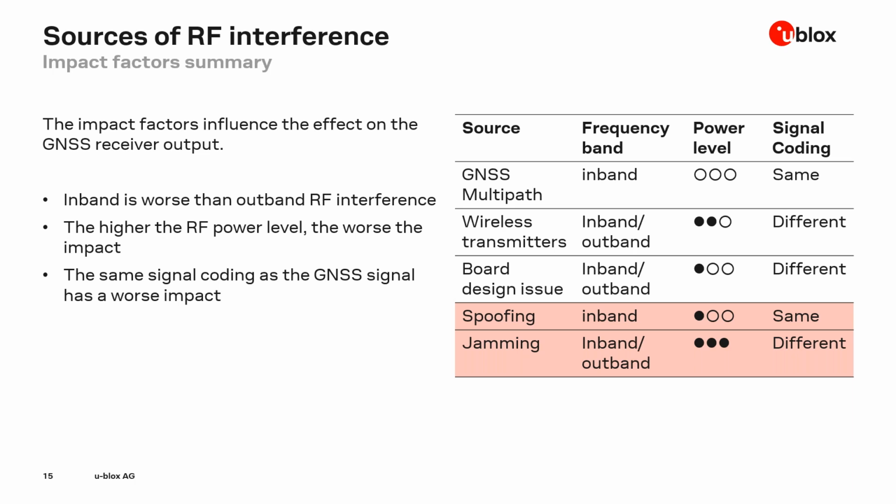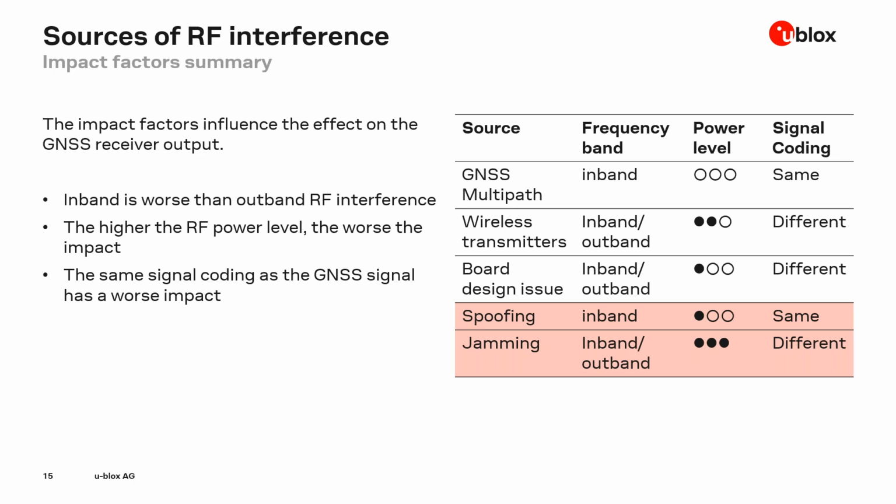So we can have a look at what is written there. Wireless transmitters can of course have in-band or out-band frequency. As I mentioned in the previous slide, for example, if you have an LTE 800 megahertz band cellular transmitter, the first harmonics will fall into the band of the GNSS. So this could be quite critical for the GNSS.